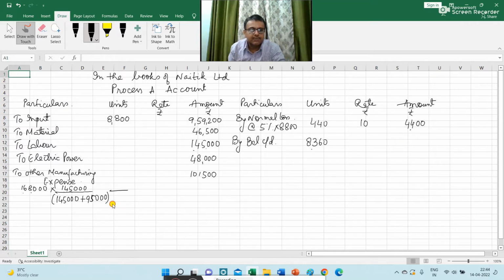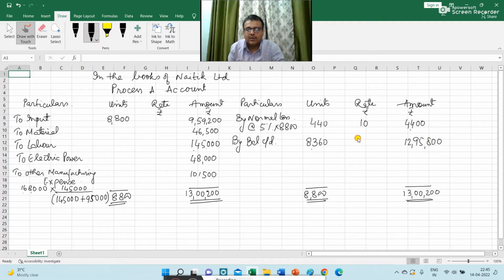So here on the debit side I am writing 8,800 units, and the total cost incurred for process A is 13,200,000. So I am writing it on the credit side also. So 8,800, and on the amount column I am writing 13,200,000, and the balancing figure is 12,95,800.